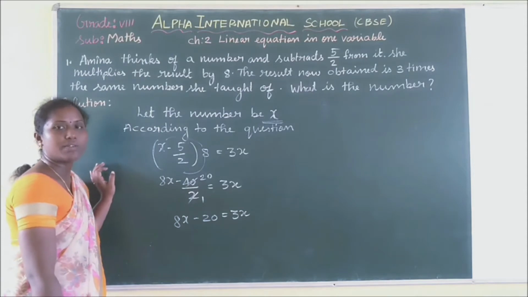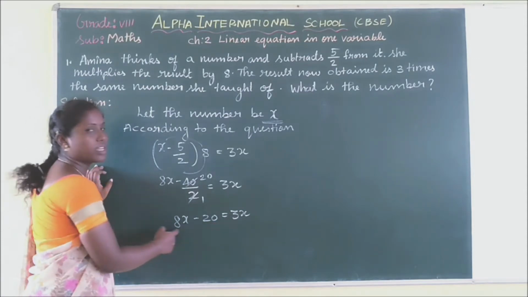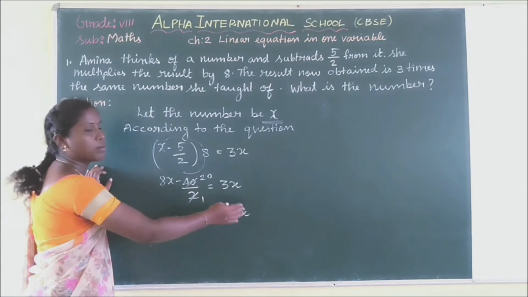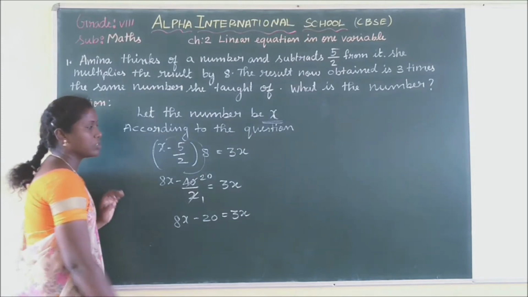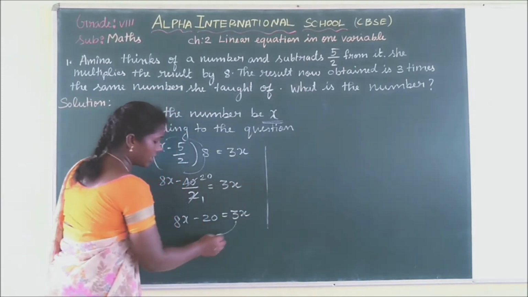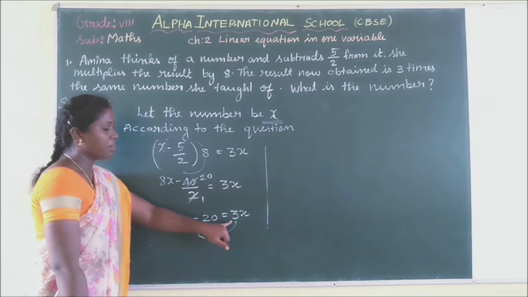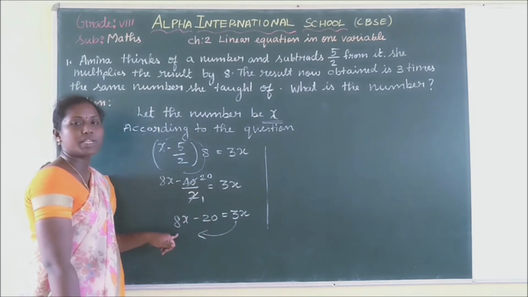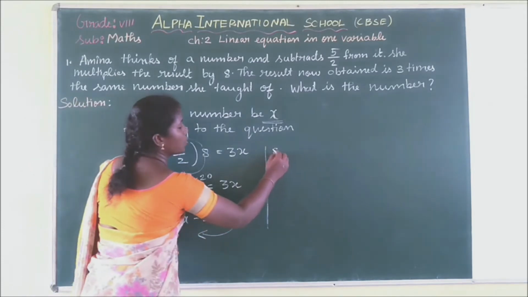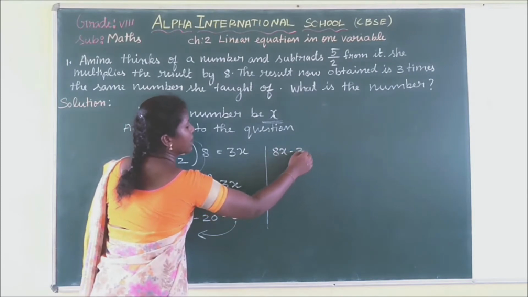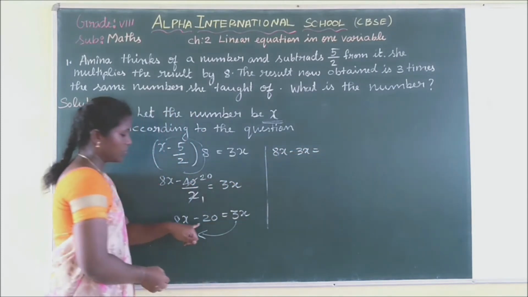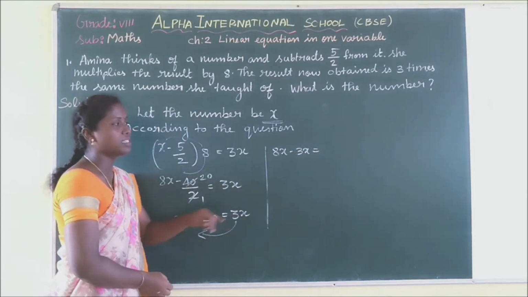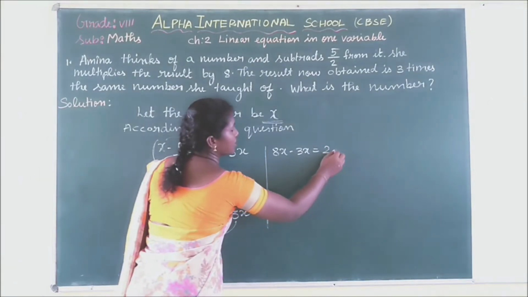We want to find the value of x, so take all the variables to one side of the equation and the numbers to the other side. Now take 3x to the other side: plus 3x, when it moves to this side, becomes minus 3x. So 8x minus 3x is equal to minus 20 moving to that side, which is plus 20, equal to 20.